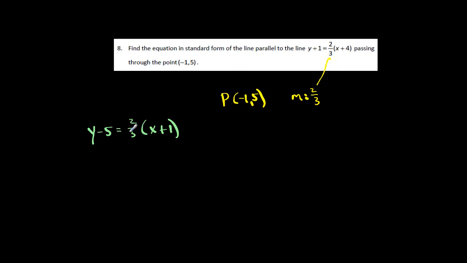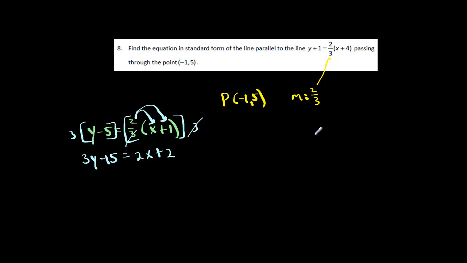Now I want to get rid of this denominator, so what I'm going to do is multiply both sides by 3. So I get 3y minus 15 equals, this 3 cancels with this. So if I distribute the 2 in, I'm going to have 2x plus 2 here.